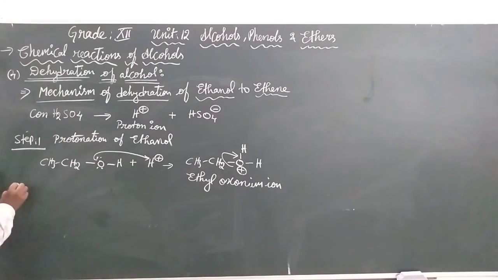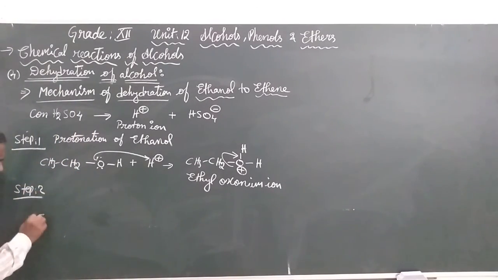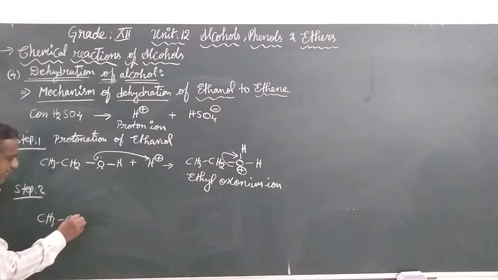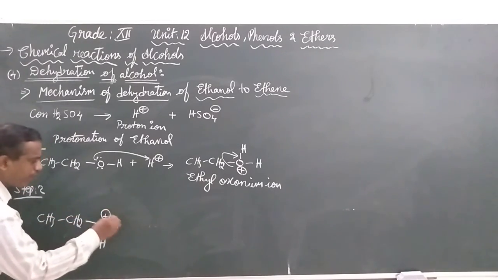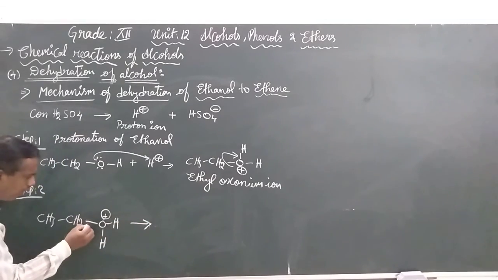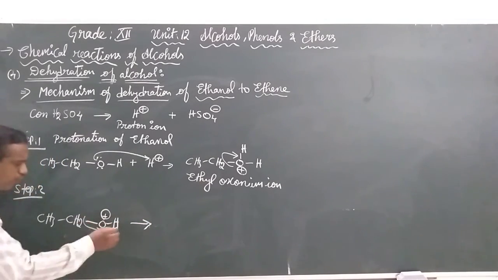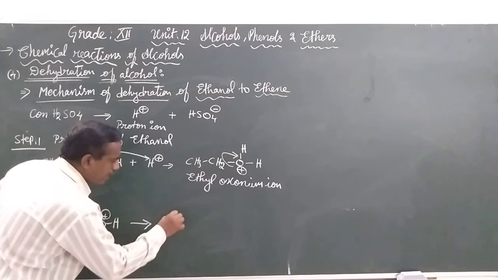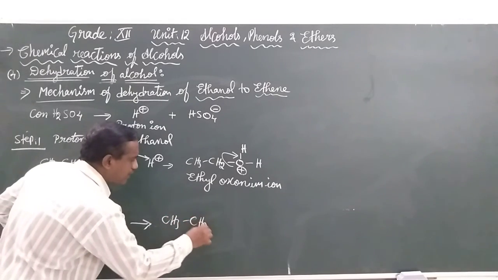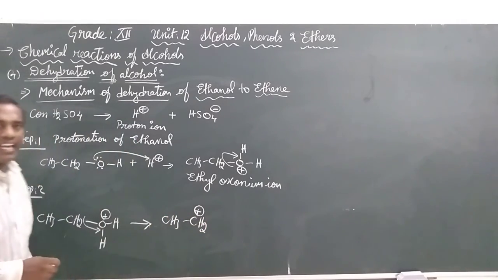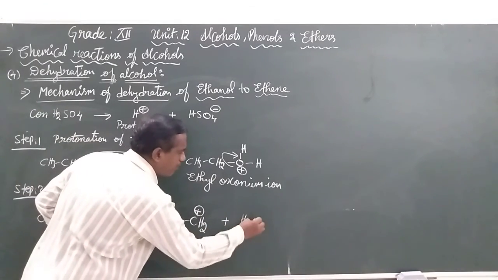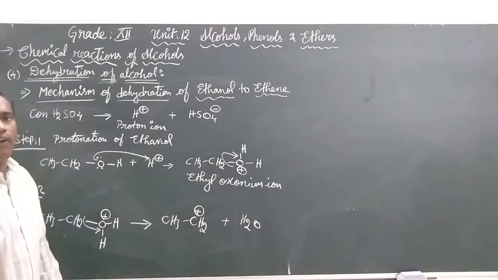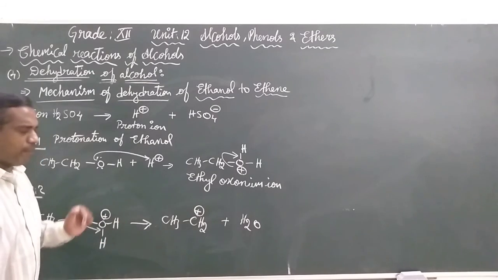That is what happens in step 2. In step 2, in the ethyl oxonium ion CH3CH2OH2 plus, the oxygen withdraws electrons towards itself, leaving a positive charge on the carbon atom, and a neutral molecule of water is formed.